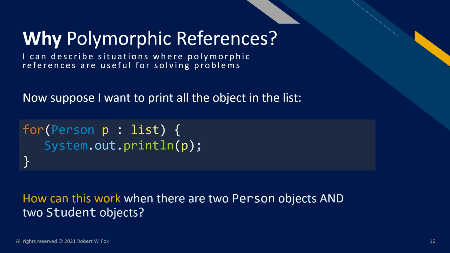Now that I've created my array list, let's suppose I want to print all the objects in the list. And for that, I have just a simple for each loop. I say for person P, remember the array list was declared as type person. For each person P in the list, system.out.println it. Now, how can this work? How can we printline when some of the things are persons and some of the things are students?